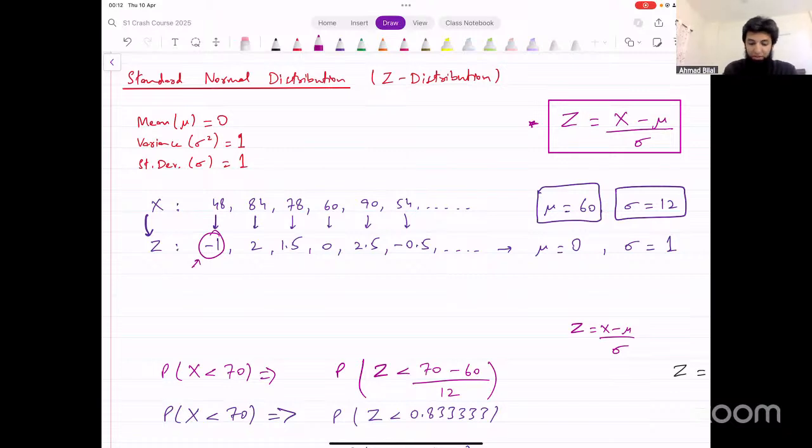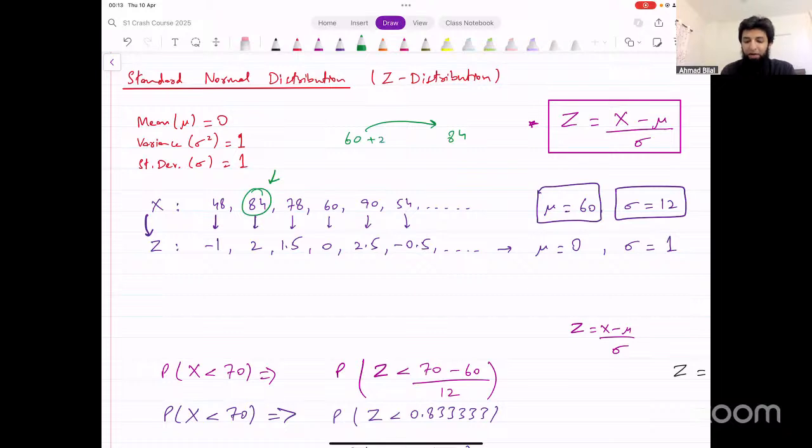Okay, now notice this pattern. This is 84. 60 was the mean. Standard deviation was 12. If you want to convert 60 to 84, how many standard deviations do we have to add to it? Standard deviation is 12, right? How many 12s do you have to add to 60 to get 84?